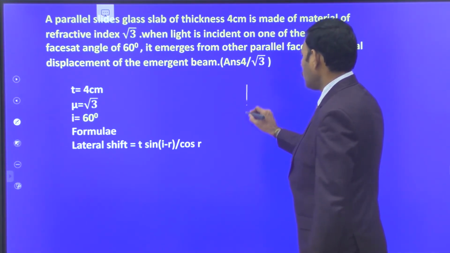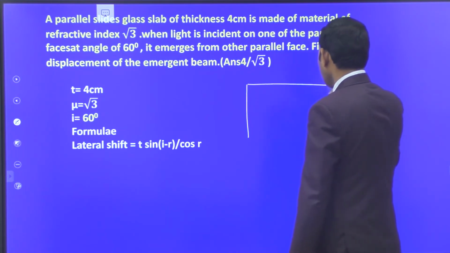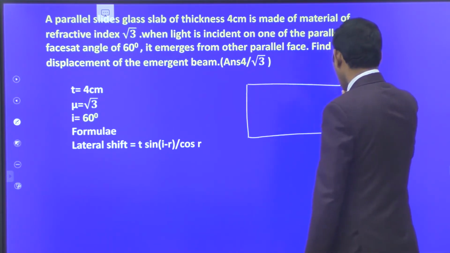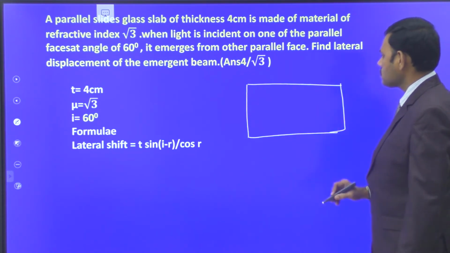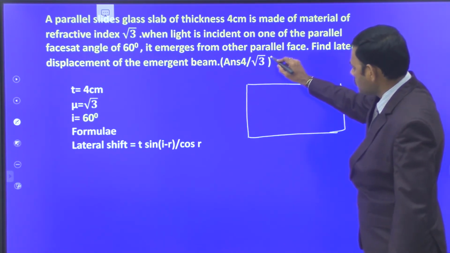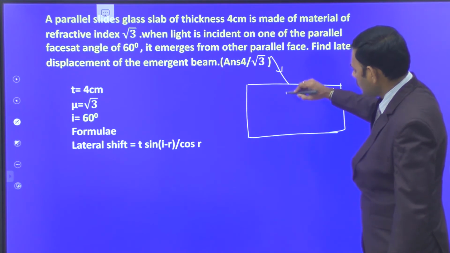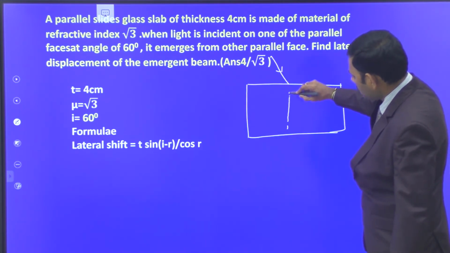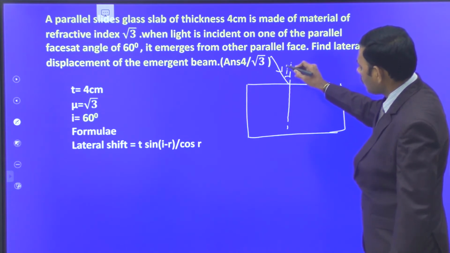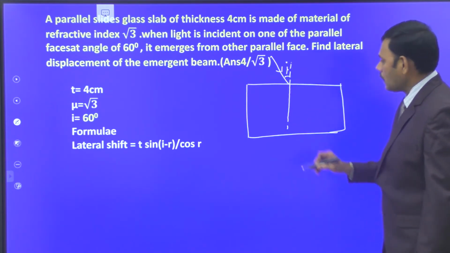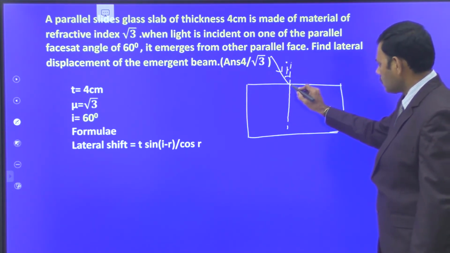Suppose let this be the slab having two parallel faces. Let a light ray be incident along this direction. Let this be the normal drawn at the point of incidence. Then the light ray incidents at angle of incidence i. Then light ray bends towards the normal.